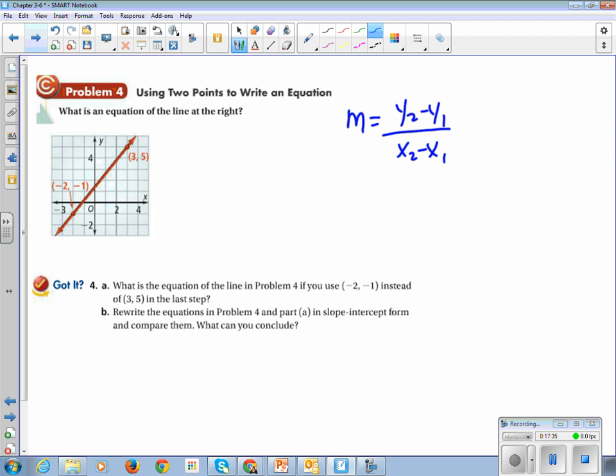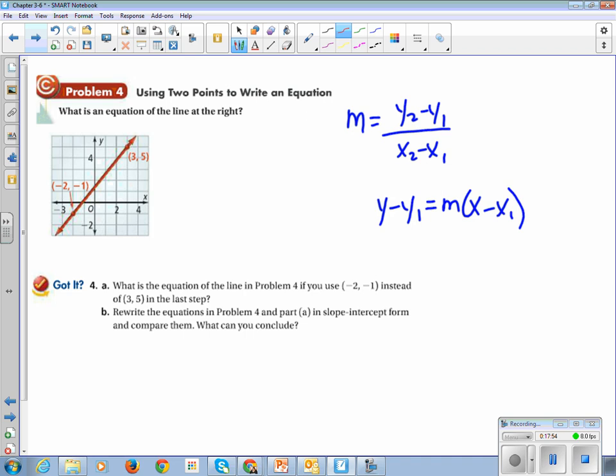Once we do that, then we can use the point slope to write an equation.